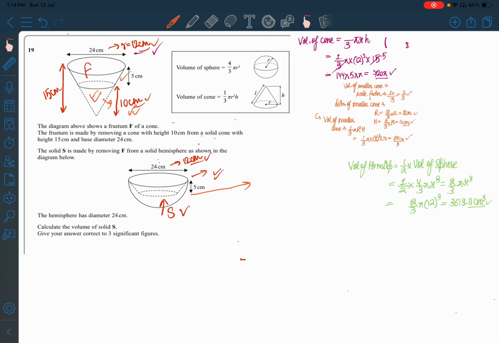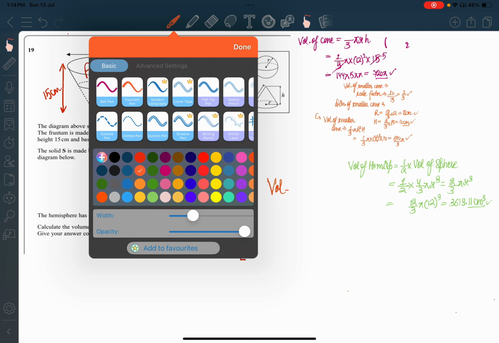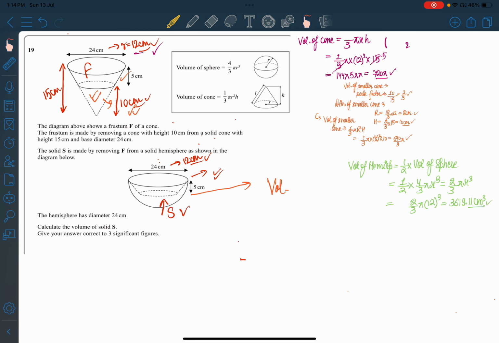So the volume of the frustum is the volume of the complete solid cone minus the volume of the smaller cone.